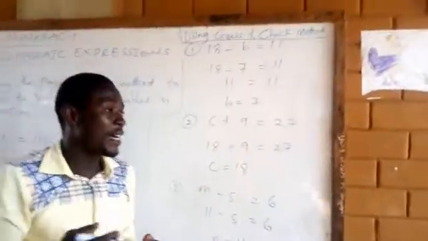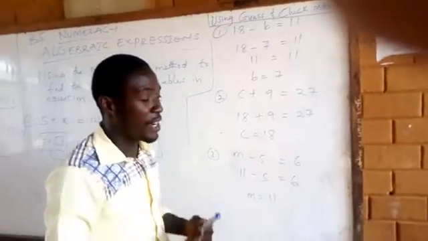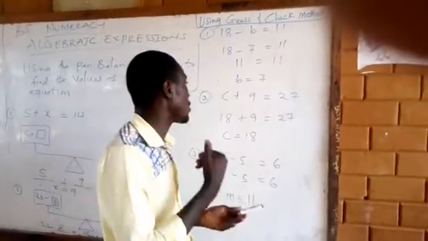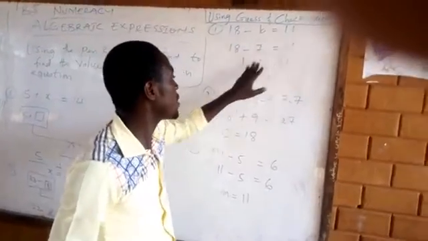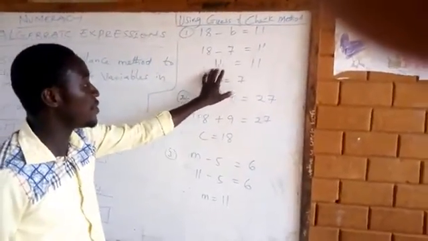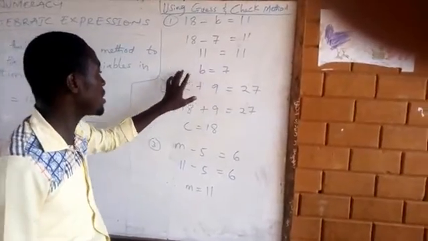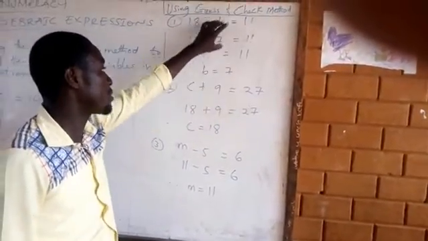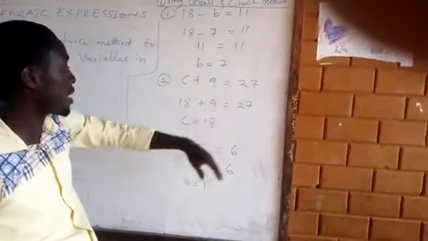And that's what I meant by guessing based on average. So you guess and you confirm whether your guess is right or wrong. So we can now say 18 minus 7 will give us 11. Here now, on the left side you have 11, right? So we can now say therefore b is equal to 7, because when we subtract 7 from 18, we get 11 as it is at the right side of the equal sign.